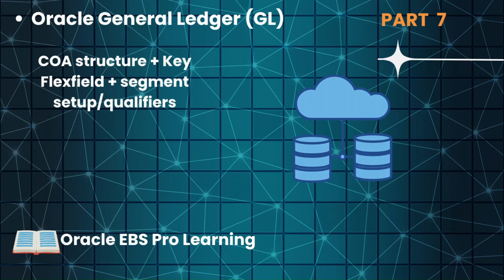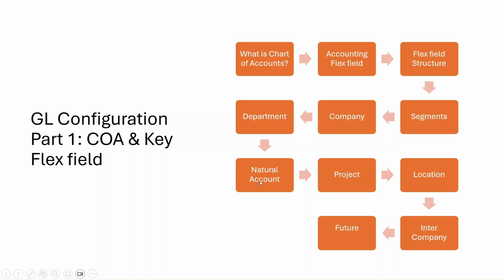First, let's understand what chart of accounts means. Go to next slide. So this is the configuration of chart of accounts and key flexfields. So what is the chart of accounts? Chart of accounts is the structure used to represent accounting information in general ledger. It consists of multiple segments and each segment represents a different part of the account combination.